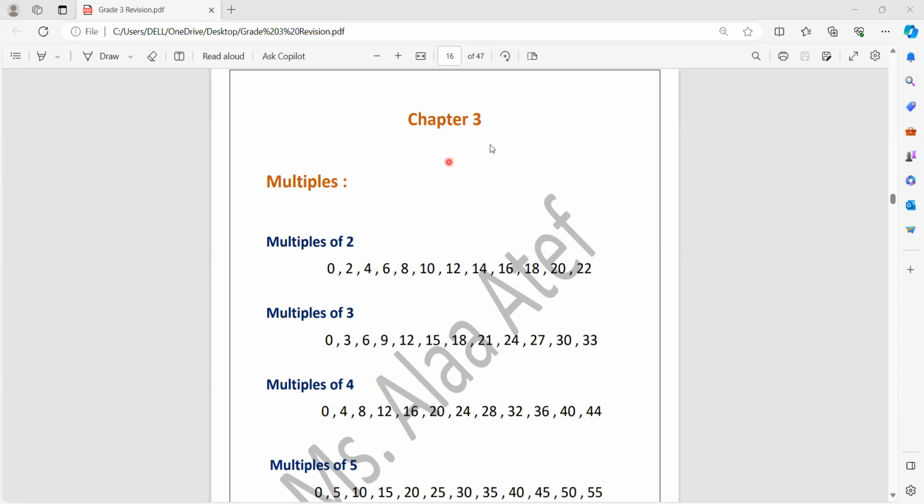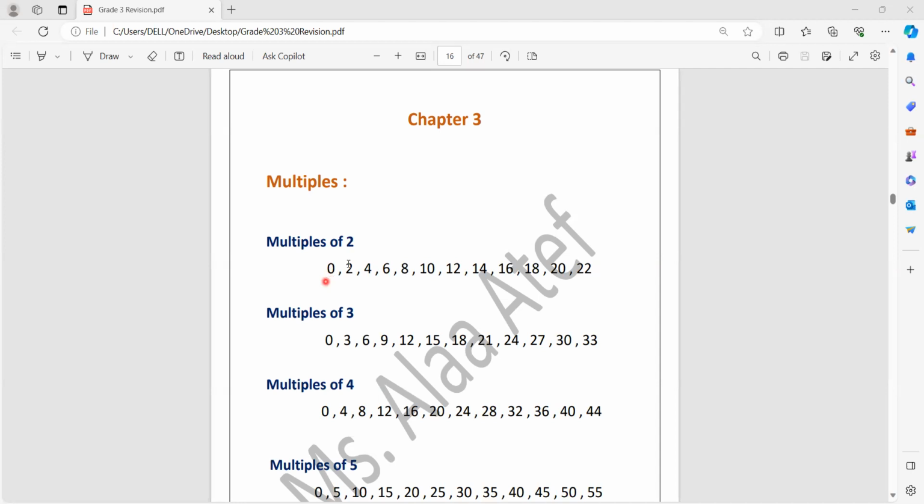Can you remember chapter 3 was talking about multiples? Multiples means that if I say the timetable. If I ask you about multiples of 2, it means tell me the product of timetable 2. Like 2 times 0 equals 0, 2 times 1 equals 2, 2 times 2 equals 4.